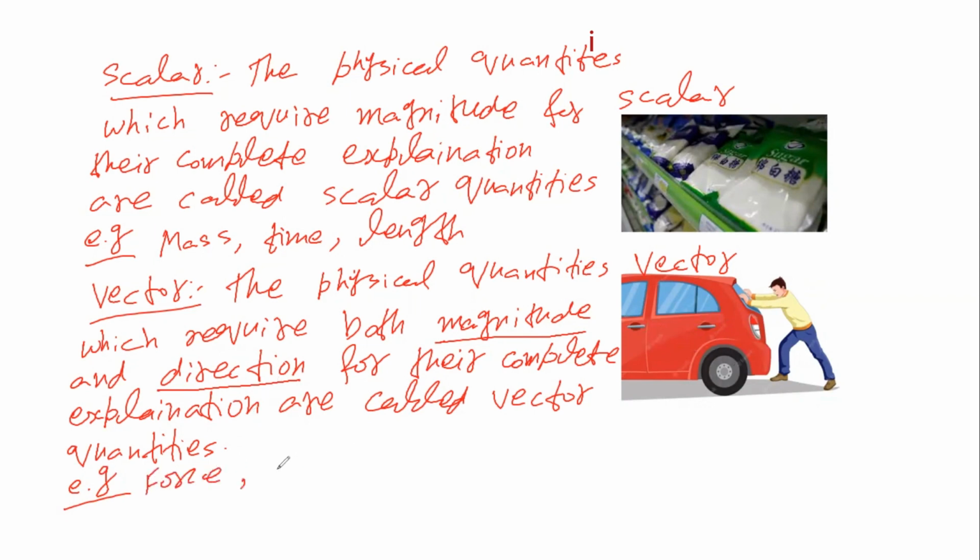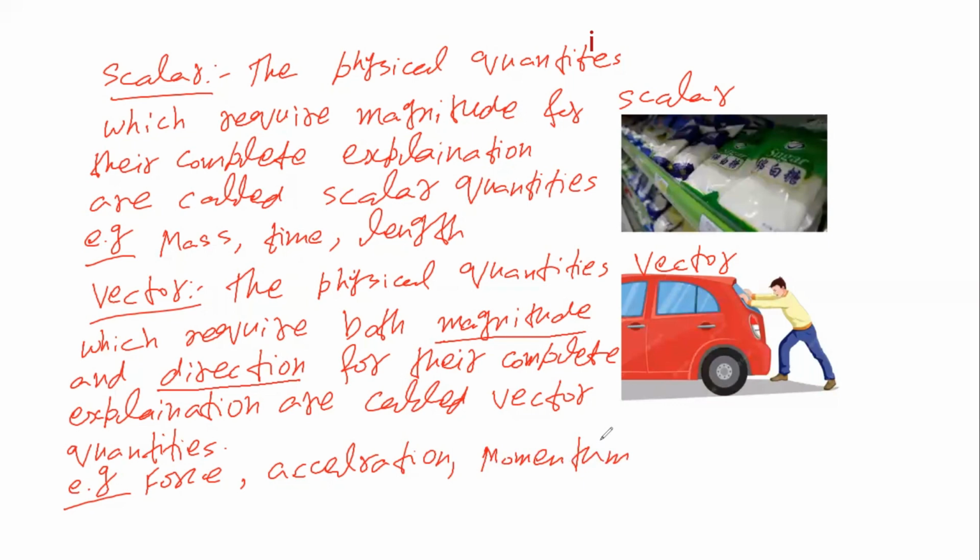Similarly, acceleration. Acceleration is basically whenever you drive a car or a bike, you accelerate it, you give acceleration to it. And the third one is momentum. So these are three examples of vector quantities.